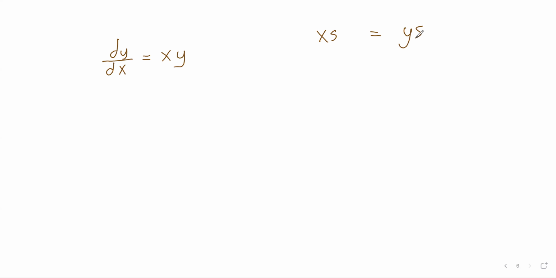Called separation of variables because we are taking our variables and we're separating them. X is on one side, y on the other.